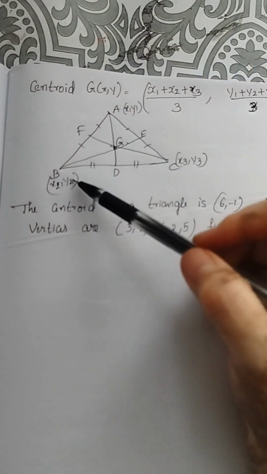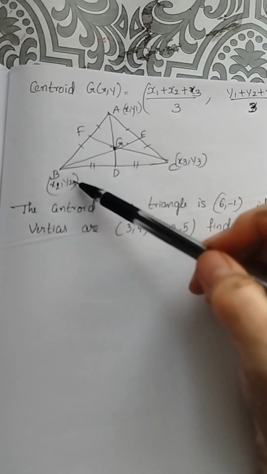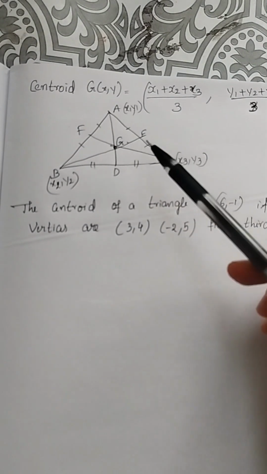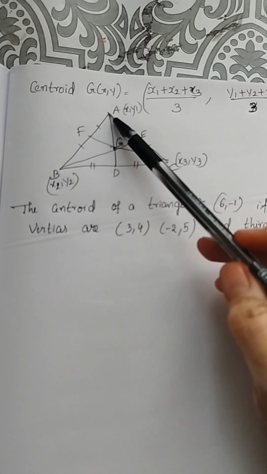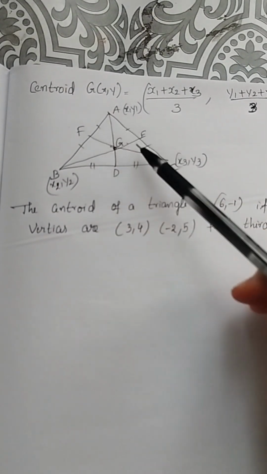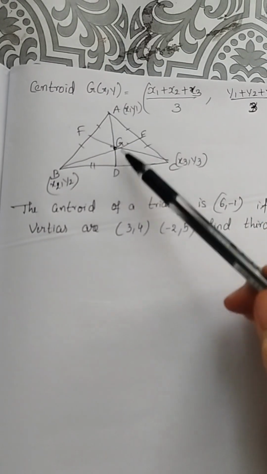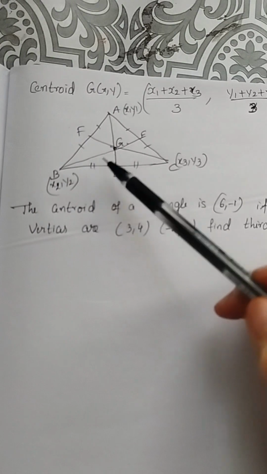Suppose I took a triangle ABC with the coordinates A (x1, y1), B (x2, y2), C (x3, y3). A median is what you get if you join A to the opposite side BC such that AD divides BC into 2 equal parts.